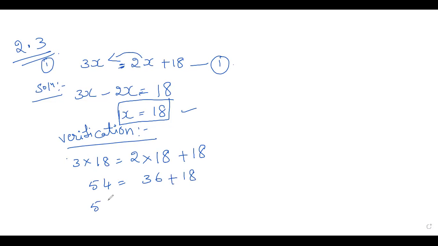So on the left side we already got the answer, that is 54. 36 plus 18, that is 54. So both are equal. We have done it correctly. The value of x is 18. LHS is equal to RHS. Till here you have to do the sum. Okay, we'll see the next one.